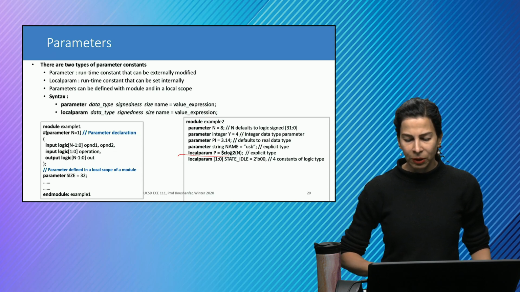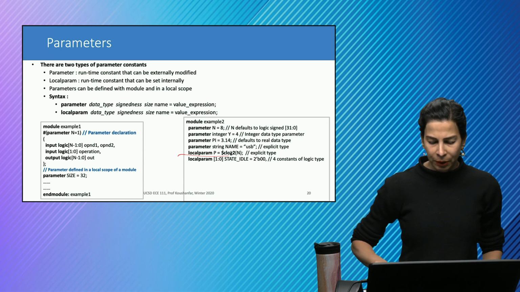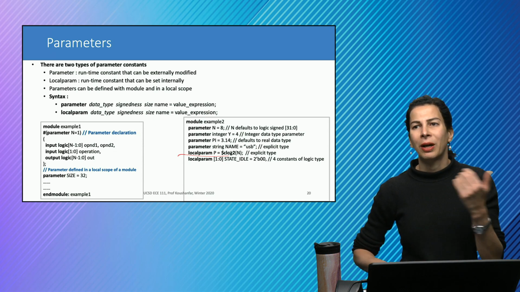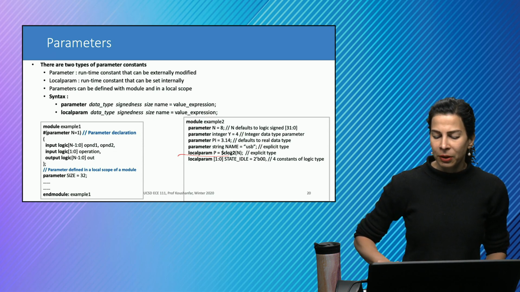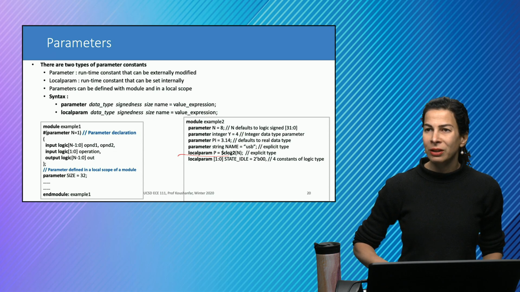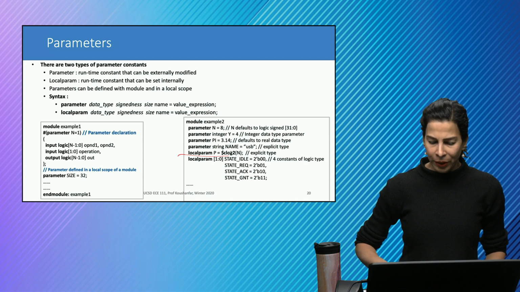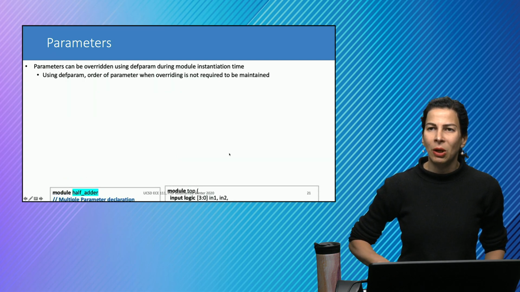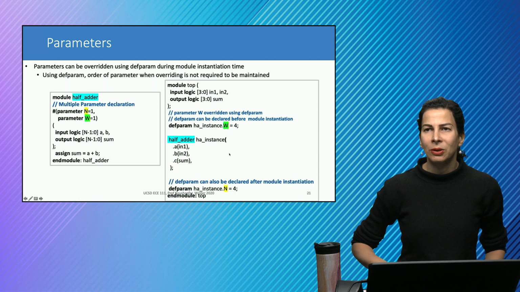Some of these are real data type. You could define a parameter as integer type. You could have logic assigned to that. You could have a signed value. Whatever you assign to it, it's going to go with that. And here I'm just defining some logic type, and these can all be done in your parameters.